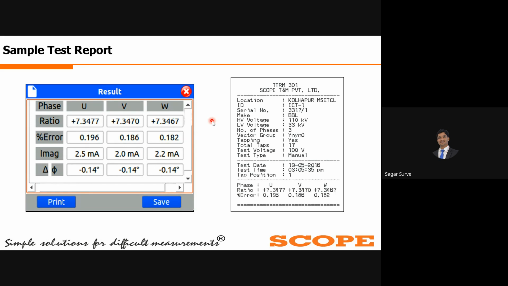It has all the details of the transformer that we gave as input while creating the ID, along with date and time stamping, tap position, and the phase-wise ratio value and percentage error value also.